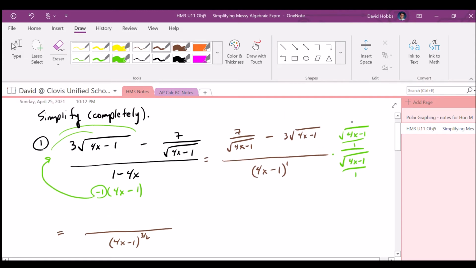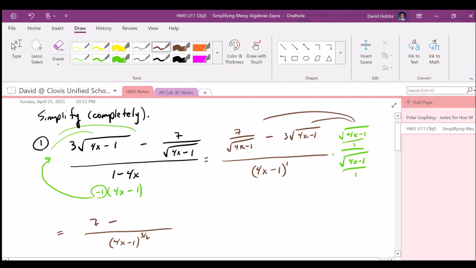Now, up here in the numerator, we actually have to distribute first, and then reduce, even though we're doing it all in one step. So when I multiply the first fraction by the root 4x minus 1, the root 4x minus 1 is reduced, and we're left with 7. And now when I multiply the second one, here's the minus already. I have 3 times root 4x minus 1 times root 4x minus 1.